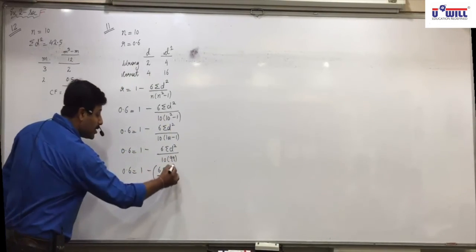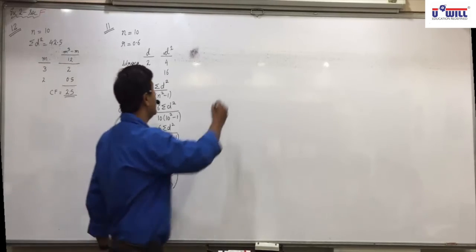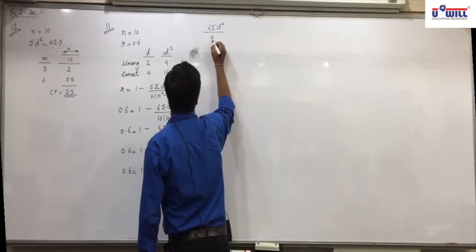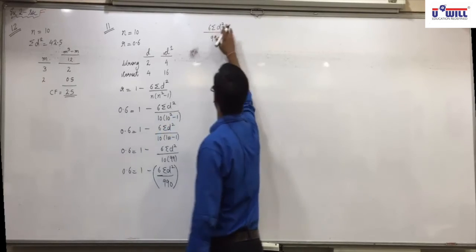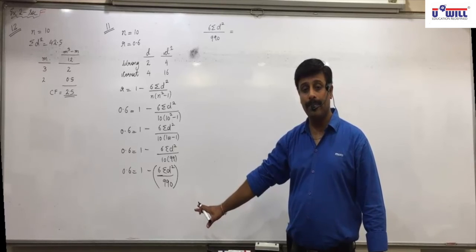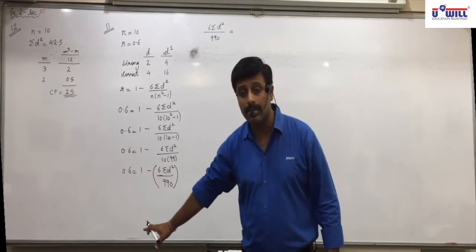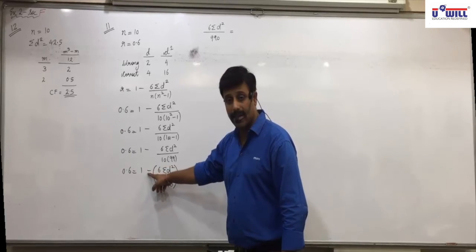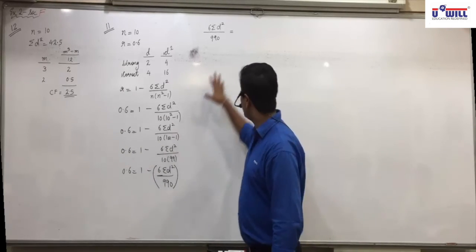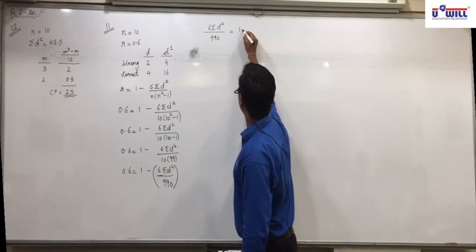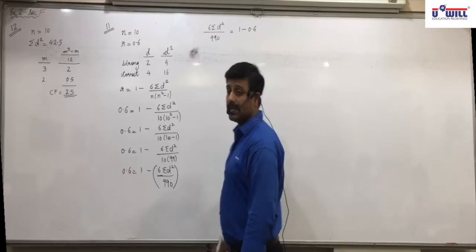This whole thing, bring it on the left side: 6 sigma D square upon 990. Minus on the left side becomes plus. Any confusion? This whole factor which is subtracted, you bring on the left side, so it becomes plus. 0.6 you bring on the right side, so it becomes minus.